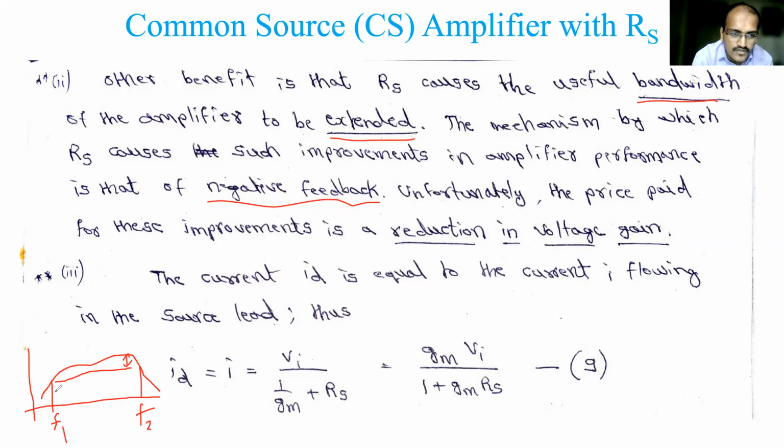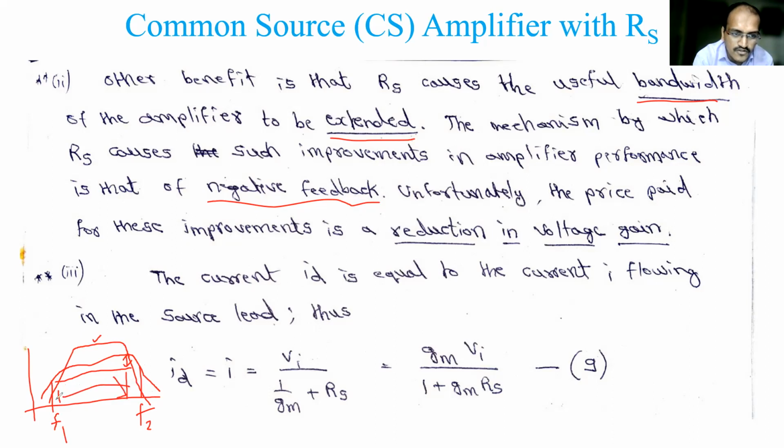In the case of no RS, it will look like this. Magnitude is more, and if you take the 3 dB cutoff, it will come near here. Only this much is your bandwidth.